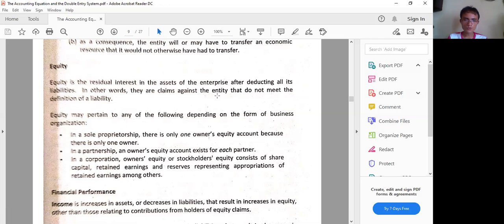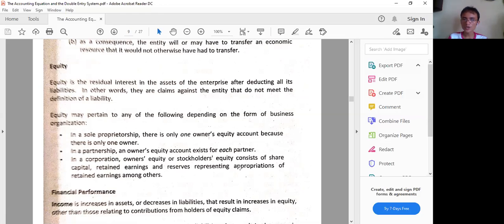The owners are dependent on their respective legal form of business organization. For a sole proprietorship, we call the owner a proprietor, sole proprietor, or owner. So the equity is called owner's equity. In a partnership, there are at least two owners and they're called partners.